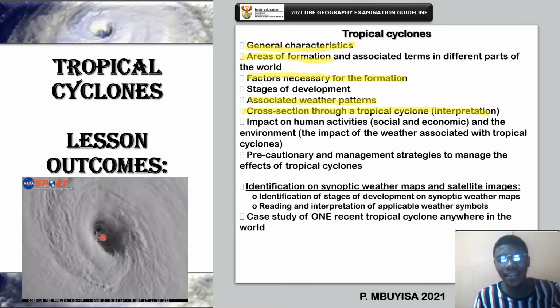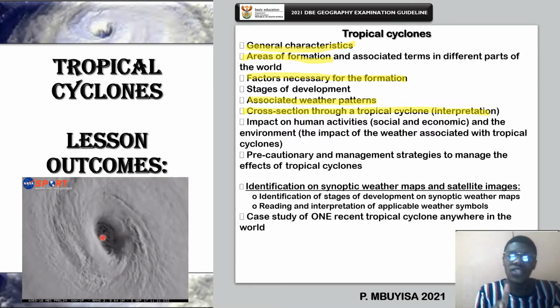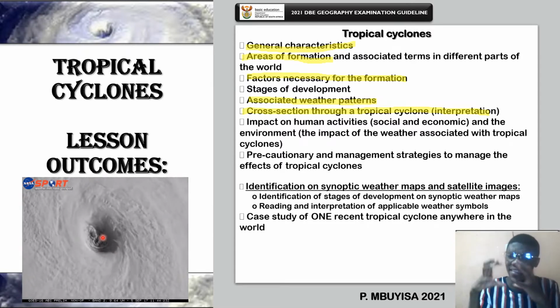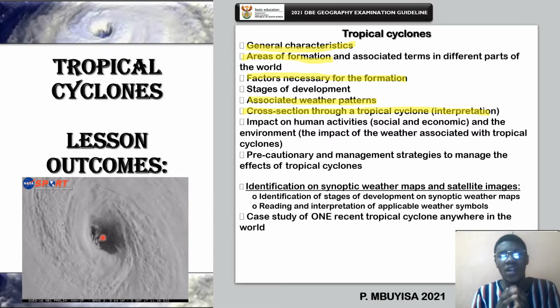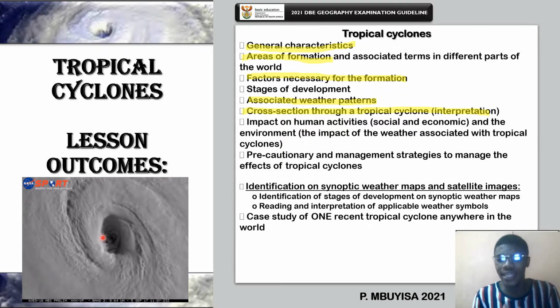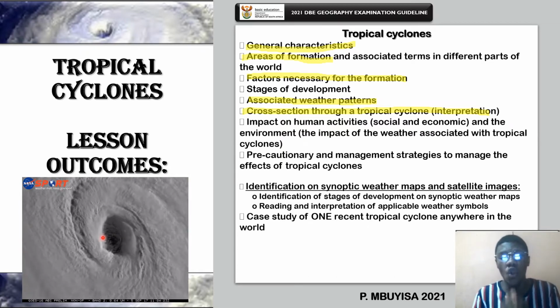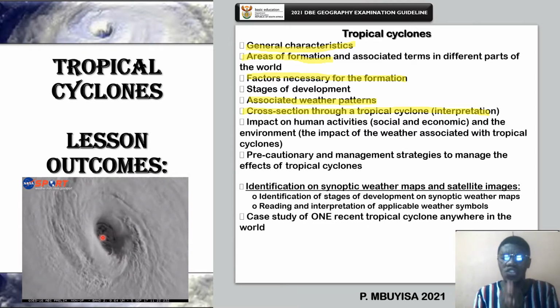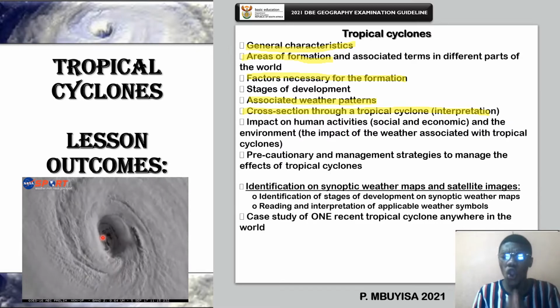And then again, on the sides of the system, you see that we have intense, thick clouds. And since they are associated with these thick clouds, we automatically know that they are going to be associated with very stormy weather conditions, severe winds or strong winds.